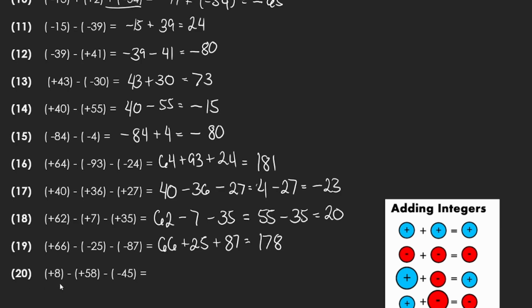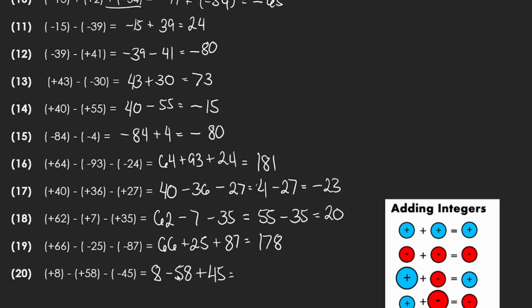Number 20. Positive 8 minus positive 58 minus negative 45. Get the first number and get the additive inverse of positive 58 and the additive inverse of negative 45. Let's add the first two numbers first.